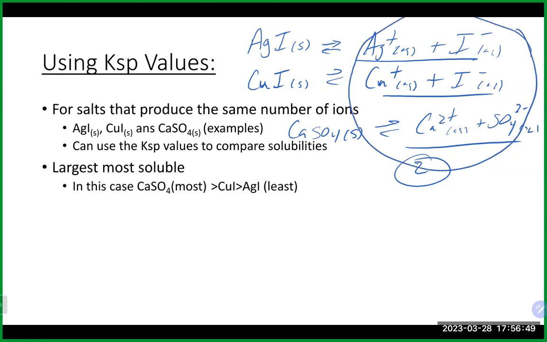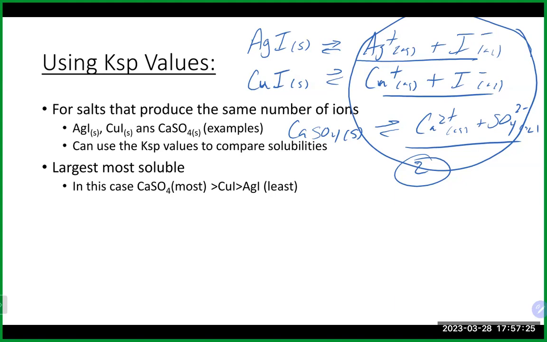So if you were to look up the values, you would see that calcium sulfate has the largest Ksp value, which would be more soluble. And silver iodide in this case would have the smallest of all three and be least soluble. So by looking at Ksp, you could get an idea of, if you have some ions in solution, which one you would expect to precipitate out first. Again, you could do a direct comparison if everybody breaks apart into the same number of ions.